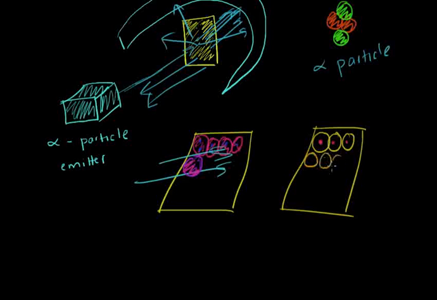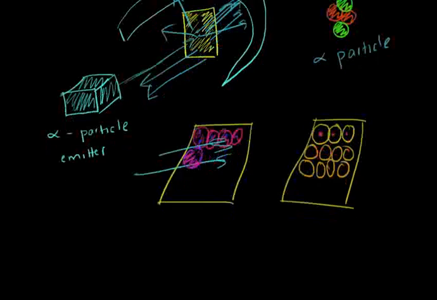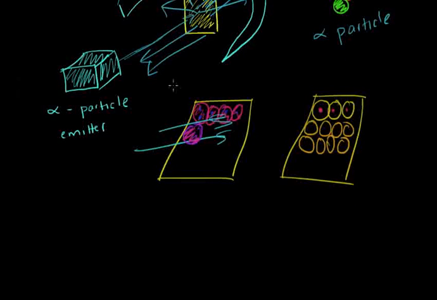Of course, these are not drawn to scale. They're way smaller than that. And this is really cool because it explains this deflection pattern, which Rutherford observed in his gold foil experiment.